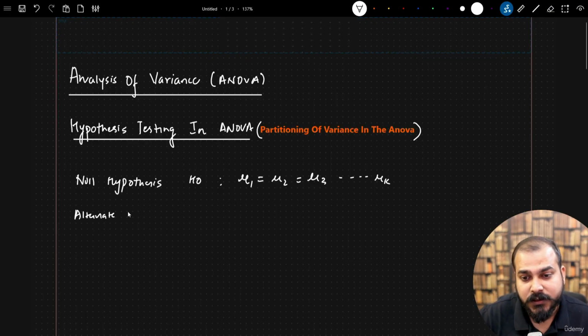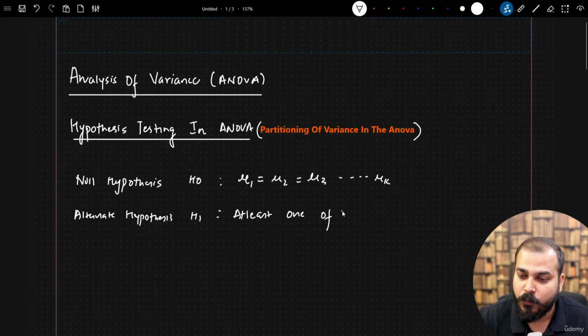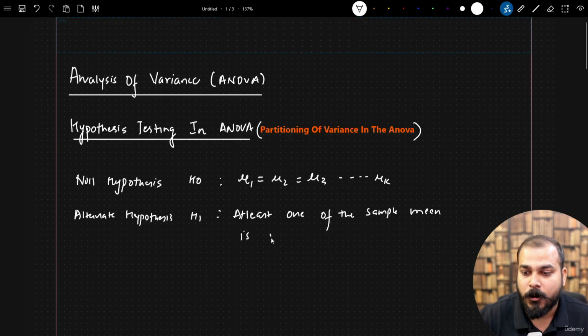Now coming to the alternate hypothesis. We can write it as H1, and here we are going to say that at least one of the sample means is not equal.